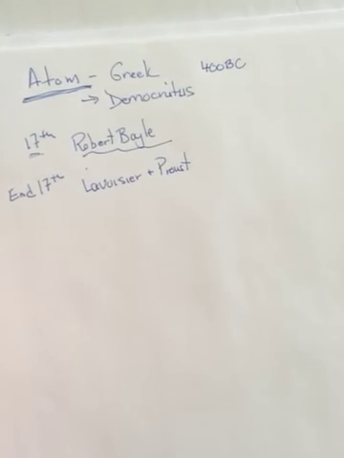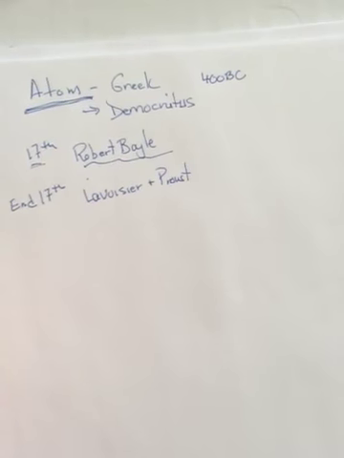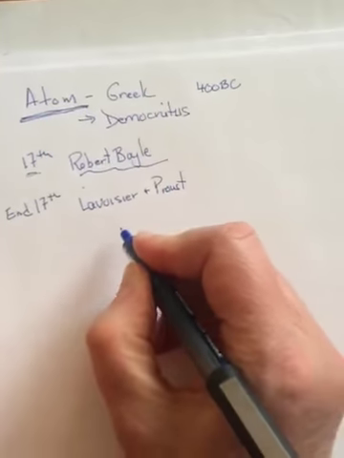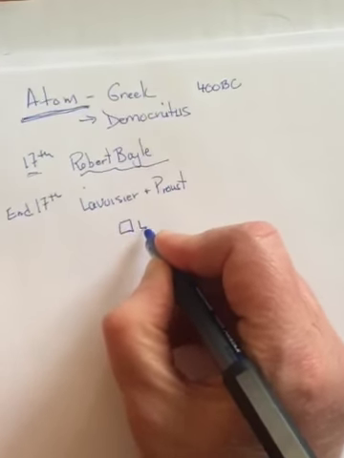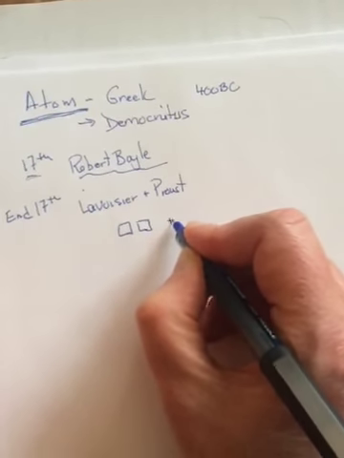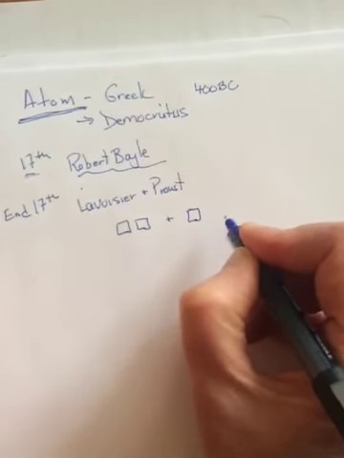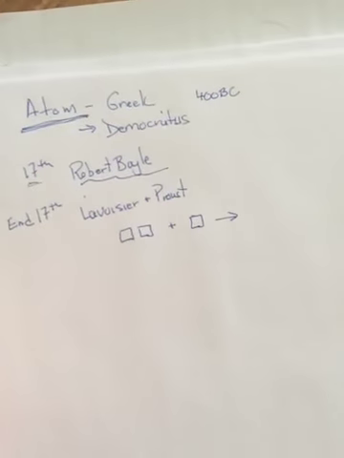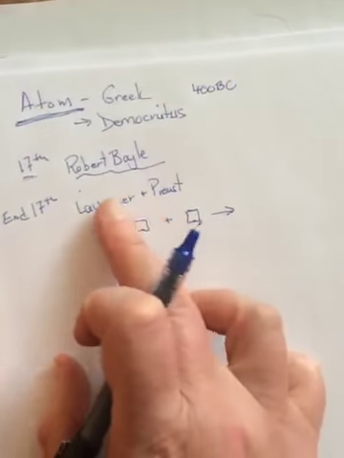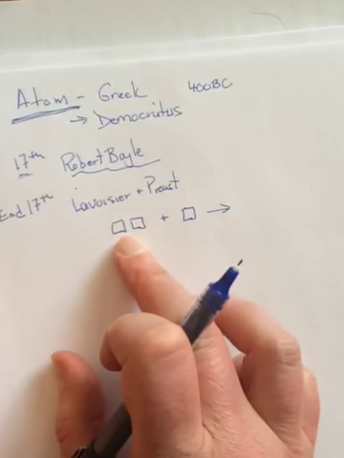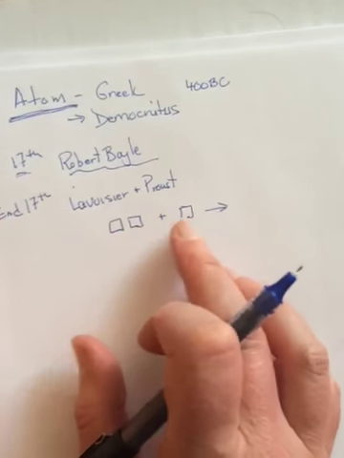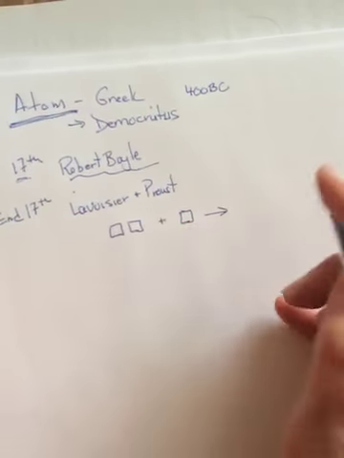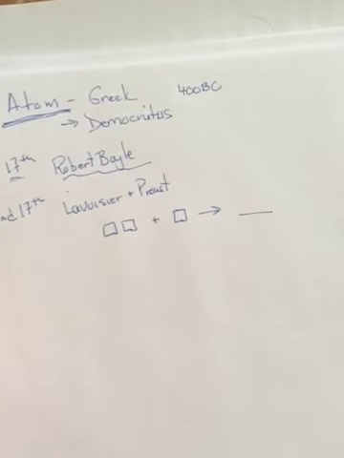And then we were at Lavoisier and Proust. Now, Lavoisier and Proust were looking at chemical reactions and looking at how it was always the same ratio of reactants that would react. Even if they were looking at masses, maybe 20 grams of something and 10 grams of something else would react to give you the products.